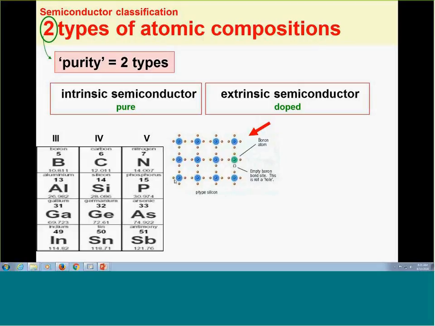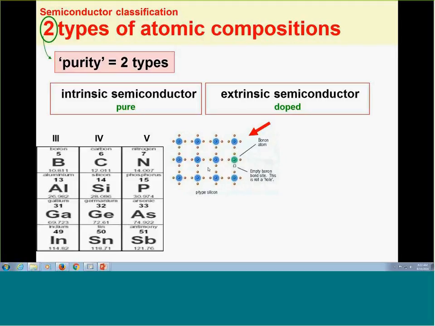But the thing is, by adding group 5, we must put the element from group 5 at the lattice site of our silicon. We mustn't add it somewhere in the middle, not at the lattice site. If you don't put it at the lattice site, then it won't give the extra electrons.